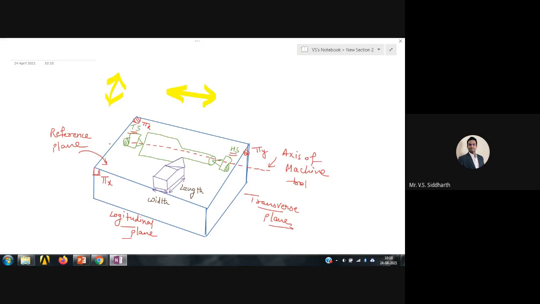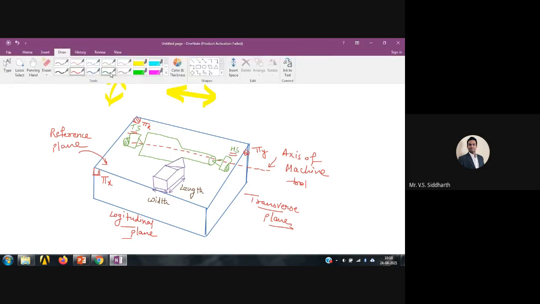There is a workpiece, there is a tool, and we are assuming that there are three planes. Along the length of the workpiece, there is the longitudinal plane, perpendicular to it is the transverse plane, and one plane which is perpendicular to both the longitudinal and transverse planes is the reference plane.